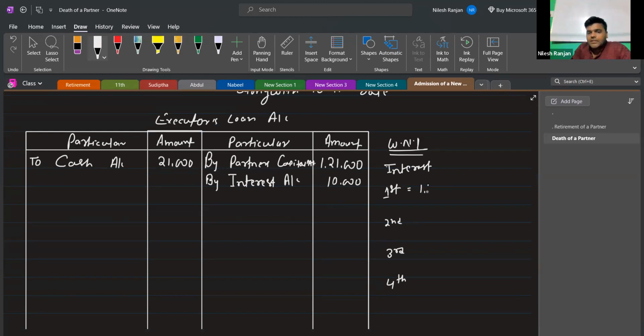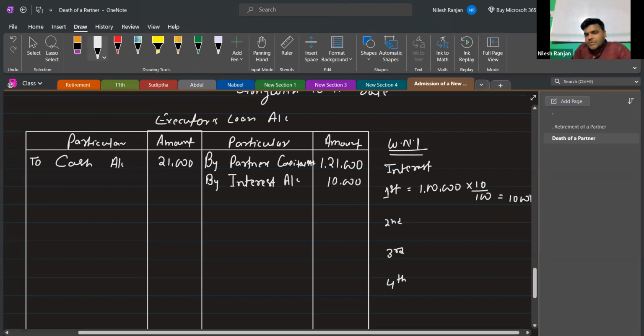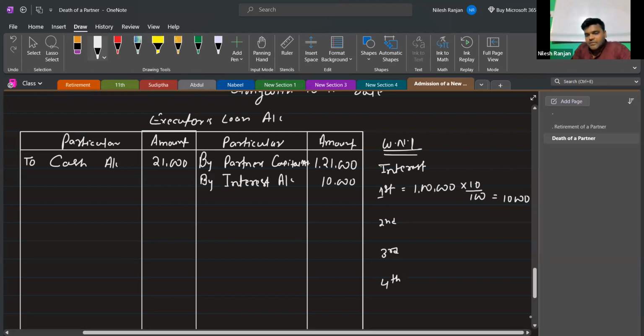So 1 lakh into 10%, 10,000. Is this clear?